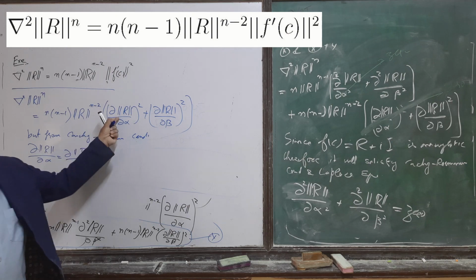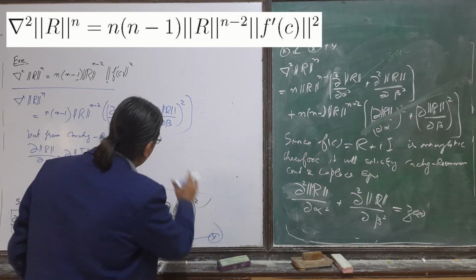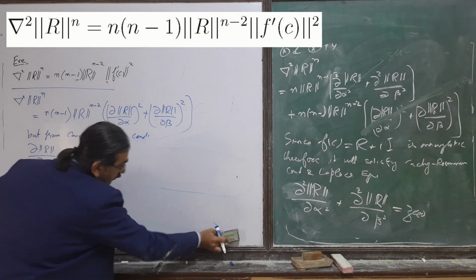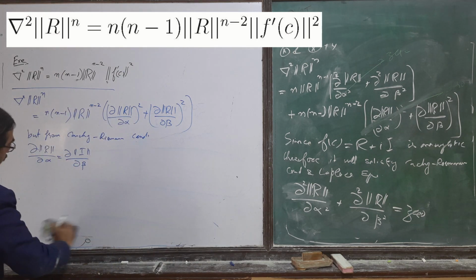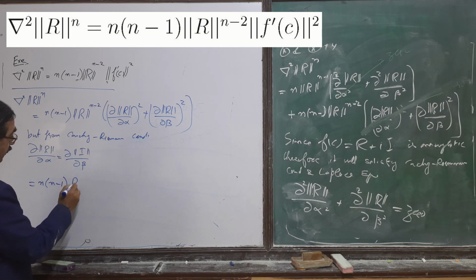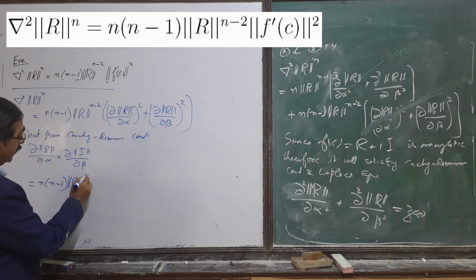We may put it here, alpha or beta, it doesn't make any problem. So del square will become n into n minus 1, R n minus 2.